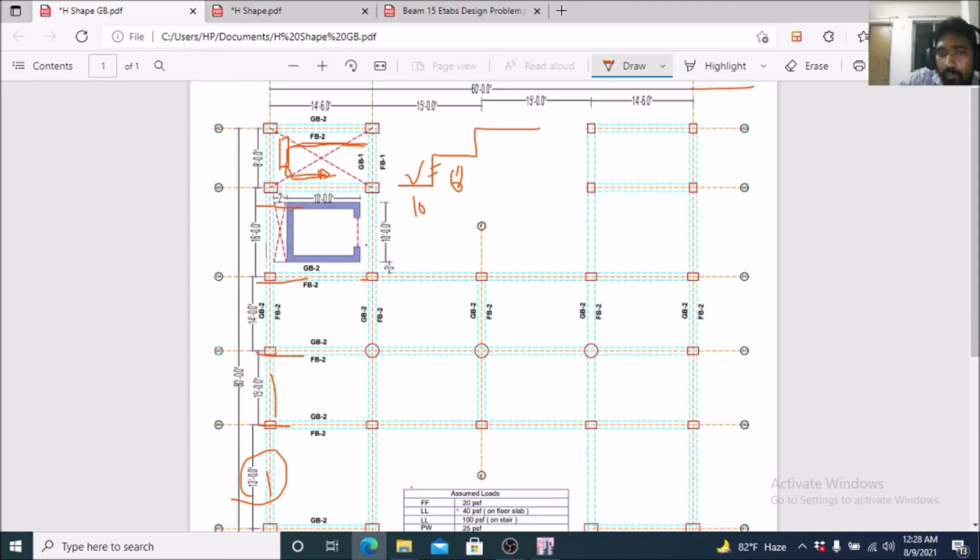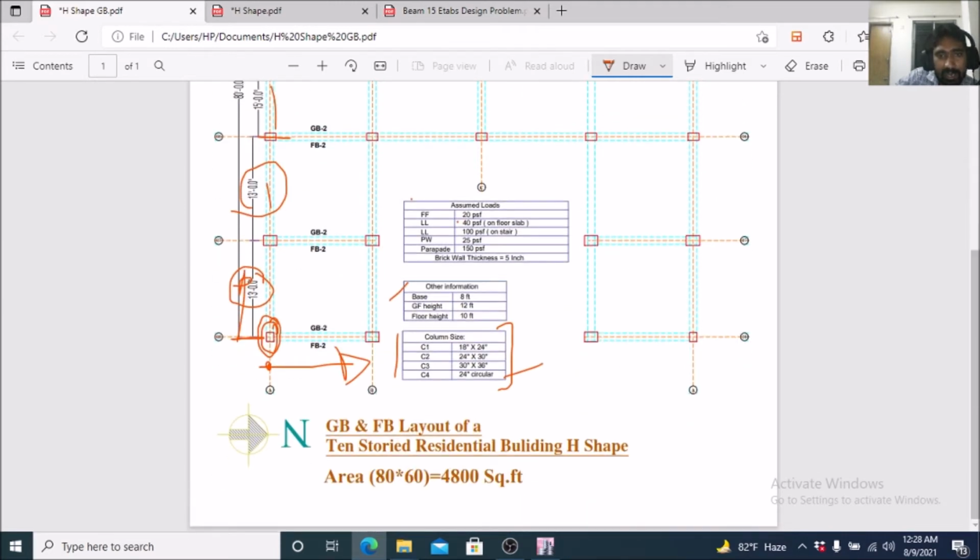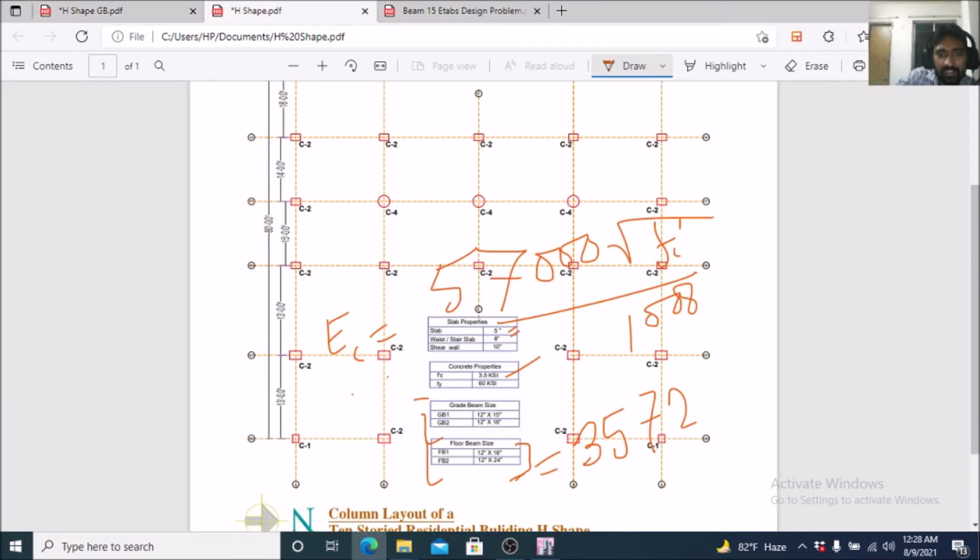On average we should consider the thickness of the waist slab to be 8 inch. That is already provided here, I think. So okay, the waist or stair slab is 8 inch.